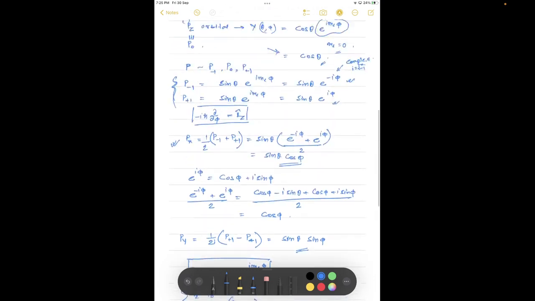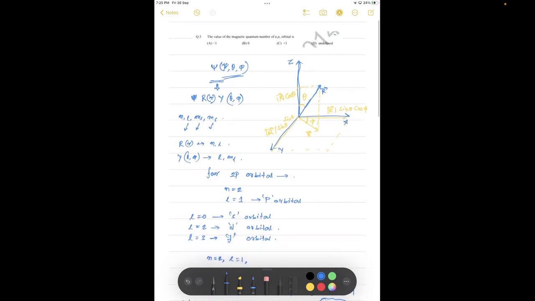So that's why in this question, the value of the magnetic quantum number of a px orbital, which is a combination of p minus 1 and p plus 1 orbitals, you cannot tell. So the answer will be option D, undefined.